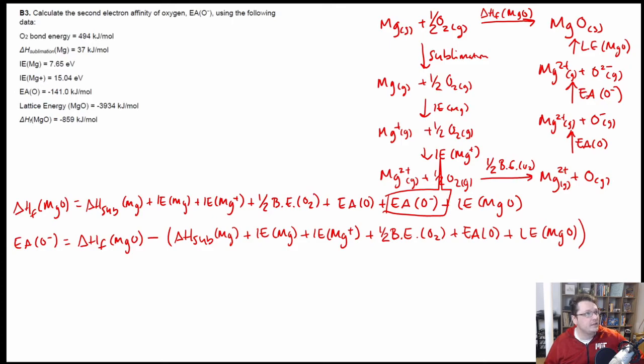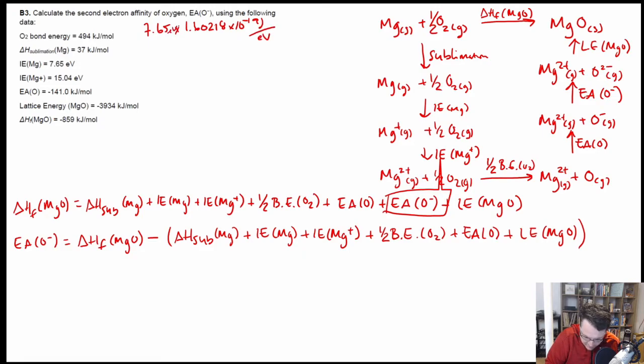And so now we just simply plug in our numbers. One thing that I have to do before I do that, just as before, is that the ionization energies are given in electron volts. So I have to convert those into kilojoules per mole. So 7.65 times 1.60218 times 10 to the negative 19 joules per electron volt, right?